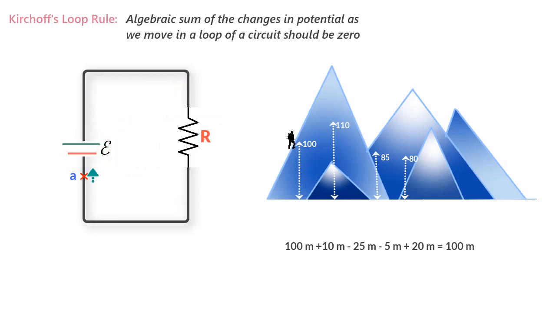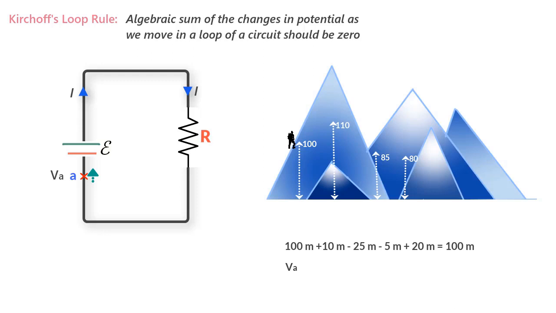So let us apply the same principle to this simple circuit and see if it works for us. We'll take A as the start and assume the potential here is VA, quite like the initial height at which you started your mountain trek, and move in a clockwise direction till we are back at A, and while we do so, at each step we'll note the gain or loss of potential.